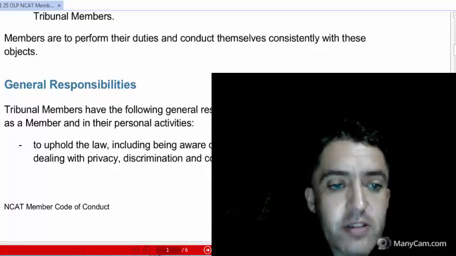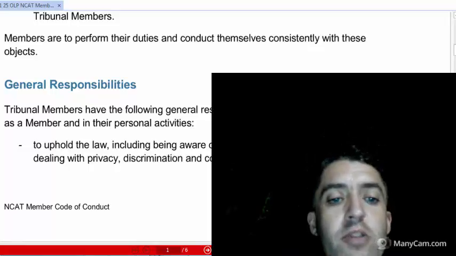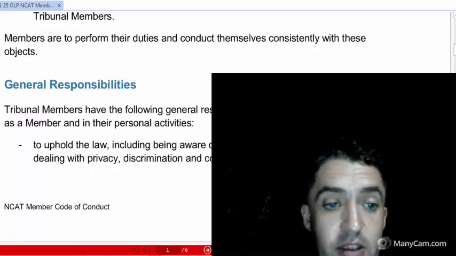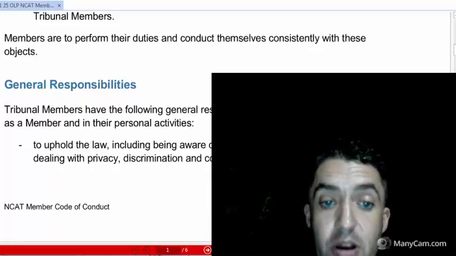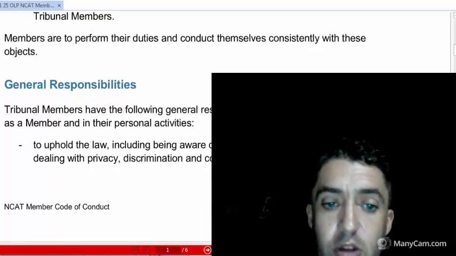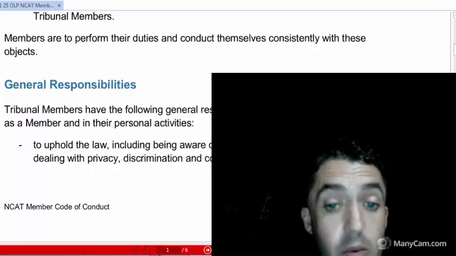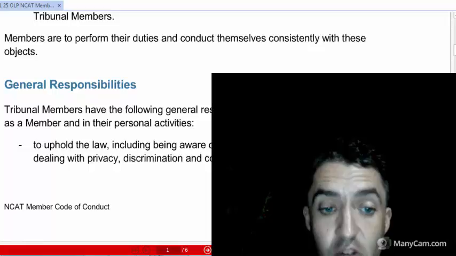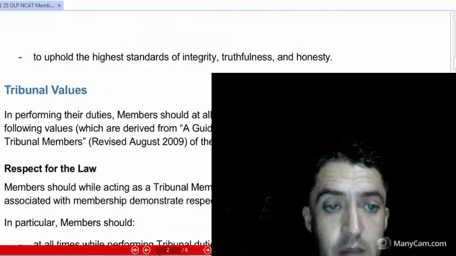General responsibilities. Tribunal members have the following general responsibilities, both in their activities as a member and in their personal activities. To uphold the law, including being aware of and complying with legislation dealing with privacy, discrimination, and corruption. Page 2.